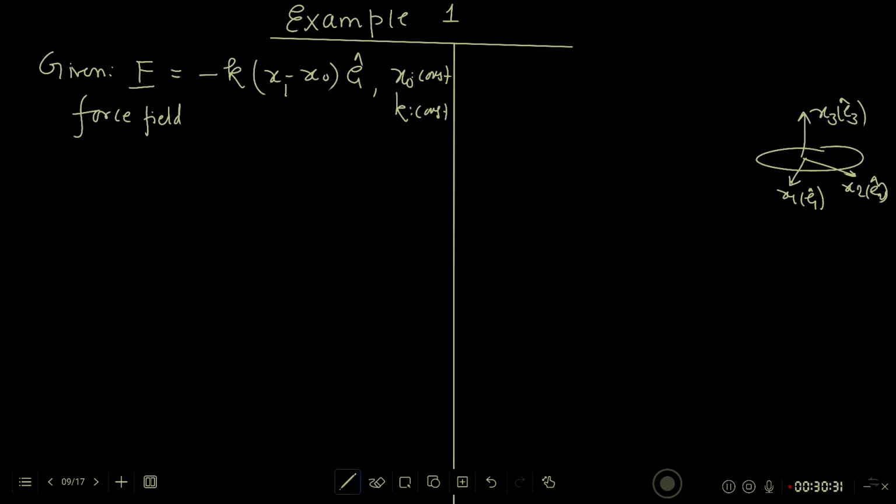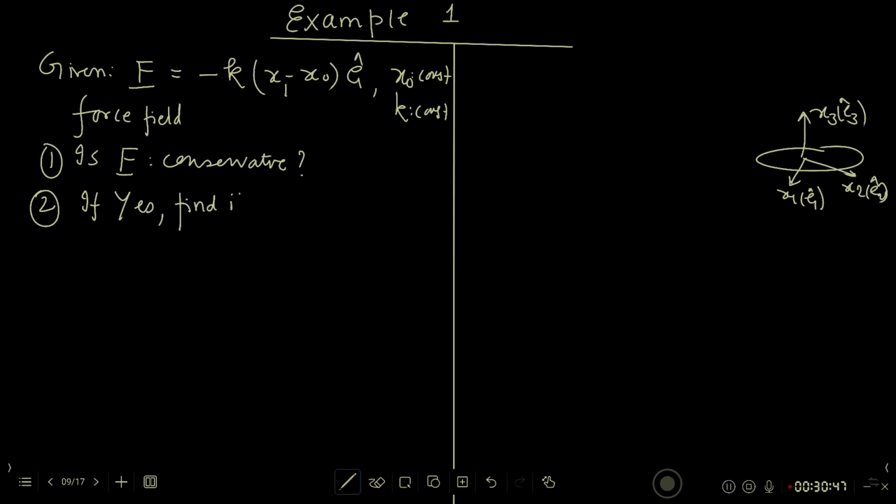Okay. Two questions. Is the force field conservative or not? And if it is, find its potential function. Find the potential function of F.